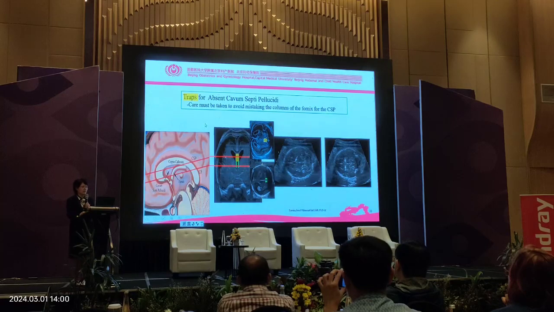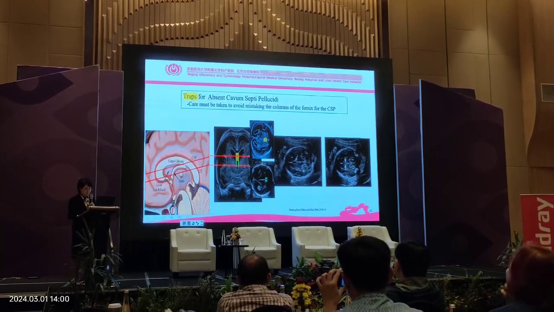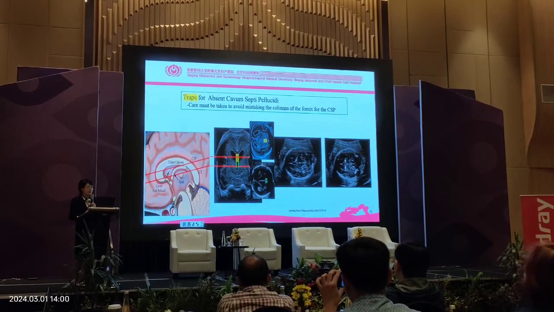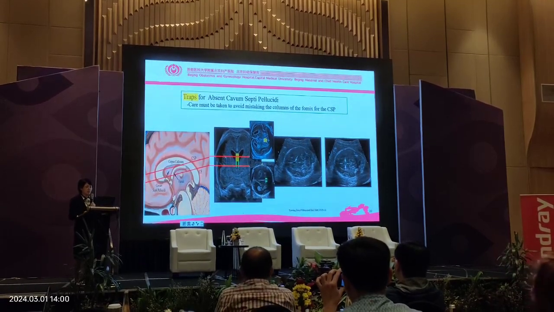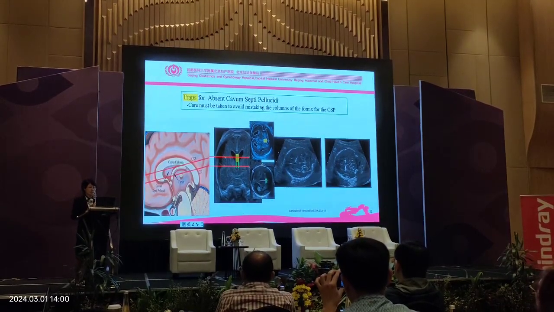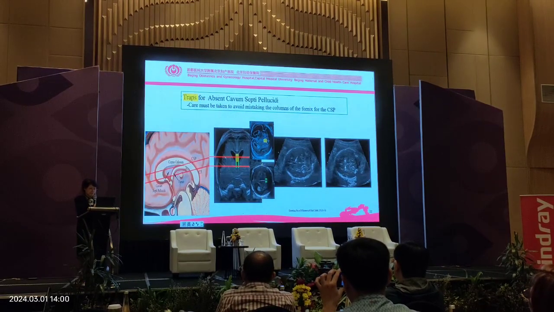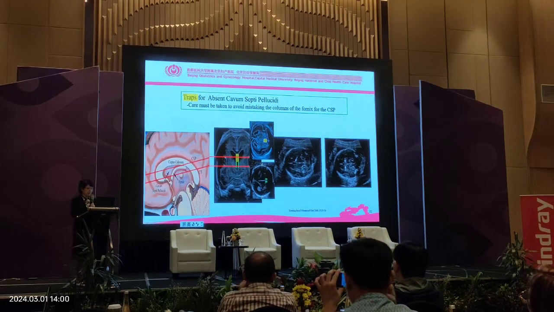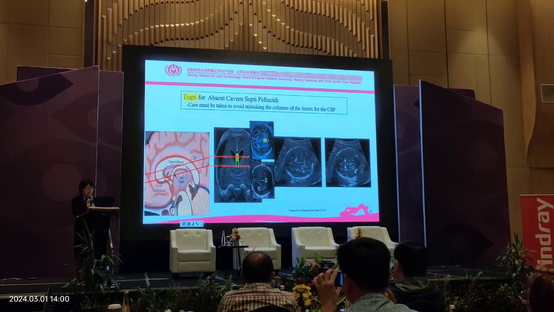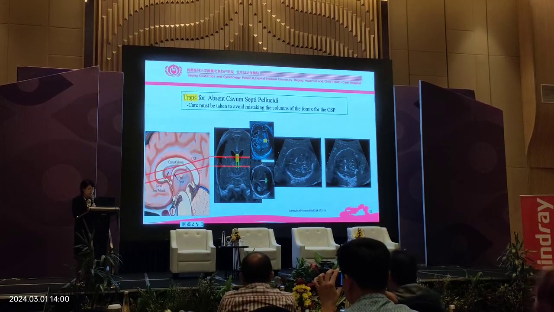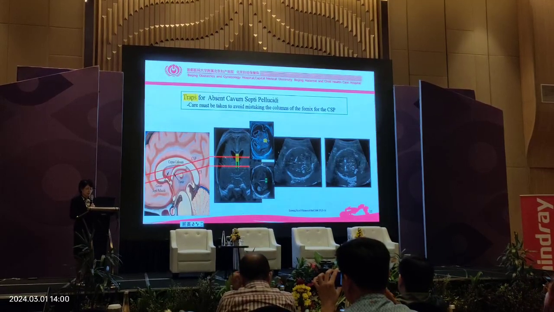So, regarding the absent CSP, care must be taken to avoid mistaking the columns of the fornix for the CSP. It's a different appearance.